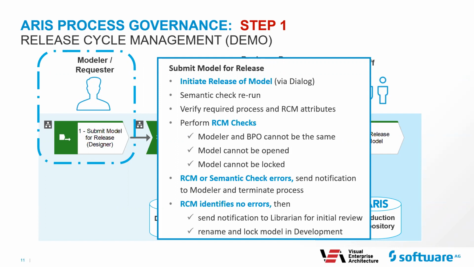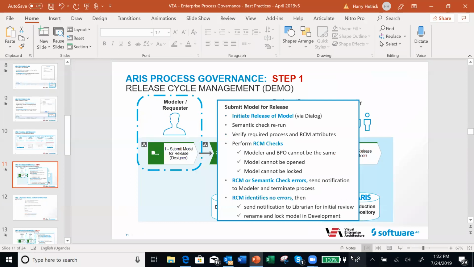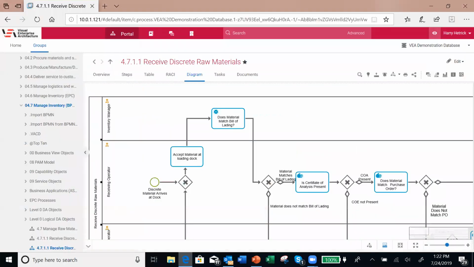Okay, so let me jump into ARIS Connect. So this is ARIS Connect. I'm executing this on a BPMN model today, but whether BPMN or EPC or whatever type of model, it really doesn't matter.